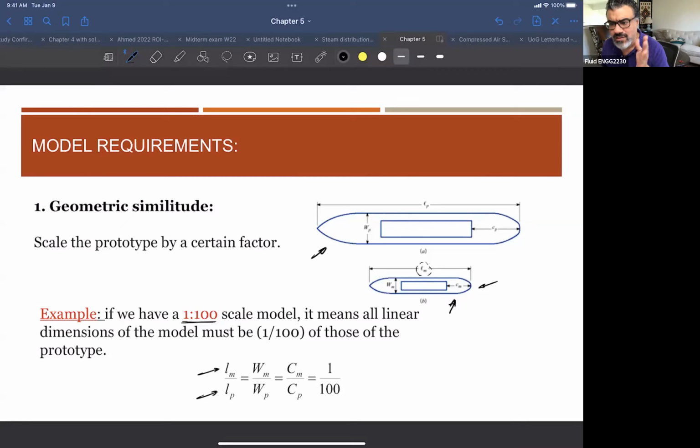So the first condition for you to test something in the lab that represents the full scale operation of the actual machine or actual device is to have, as a first step, geometrical similarity.